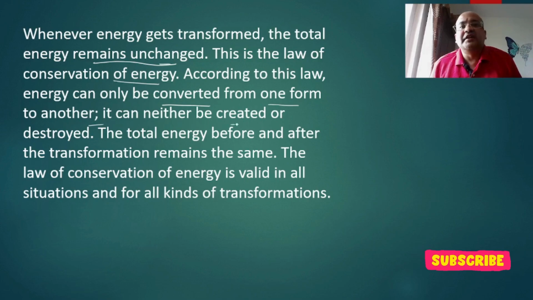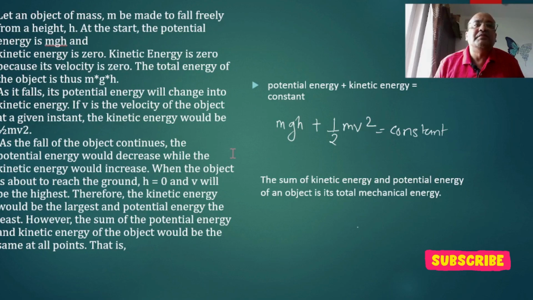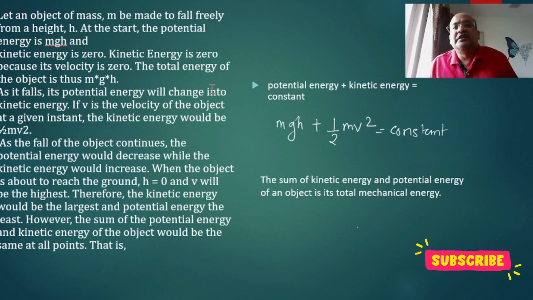It can neither be created nor destroyed. The total energy before and after the transformation remains the same. The law of conservation of energy is valid in all situations and for all kinds of transformations.